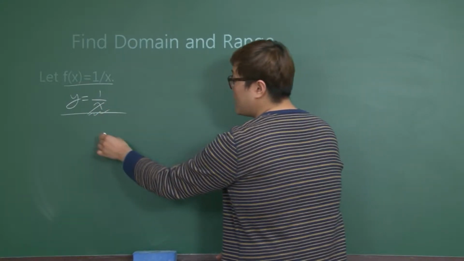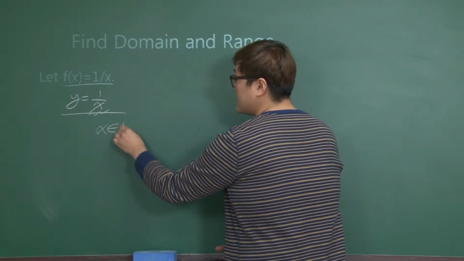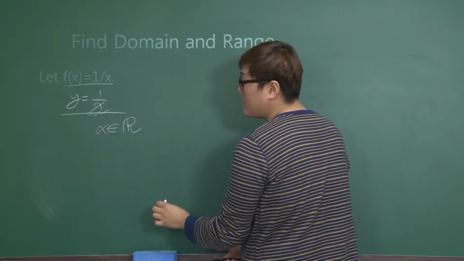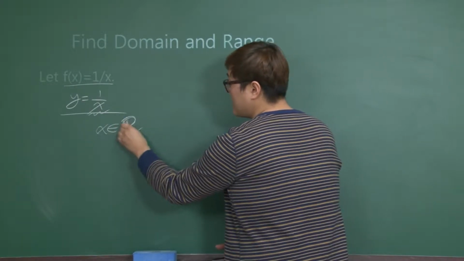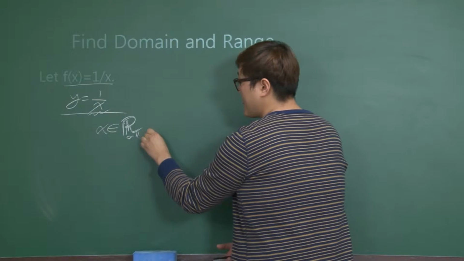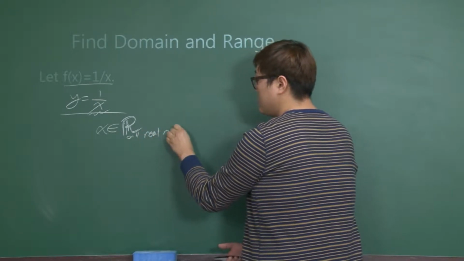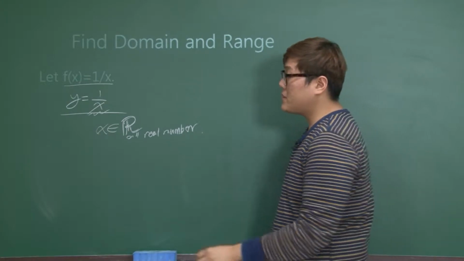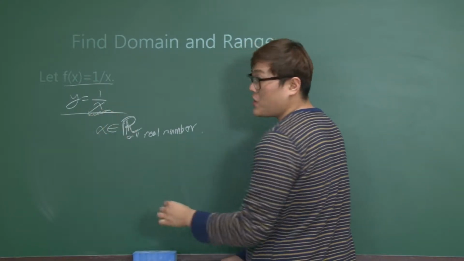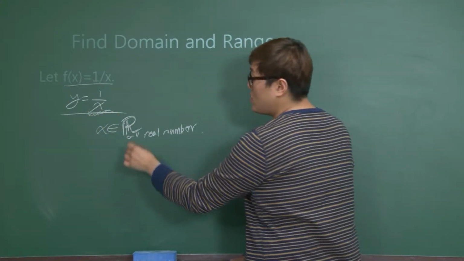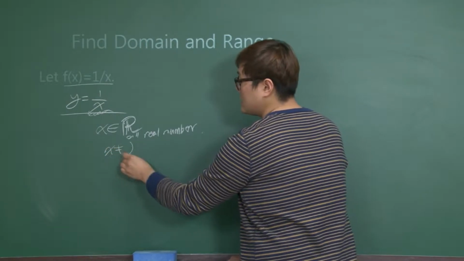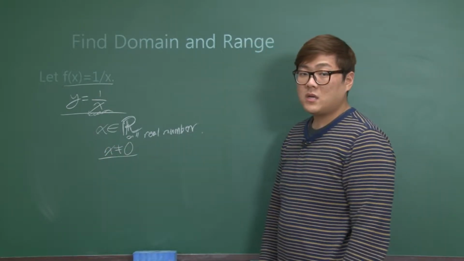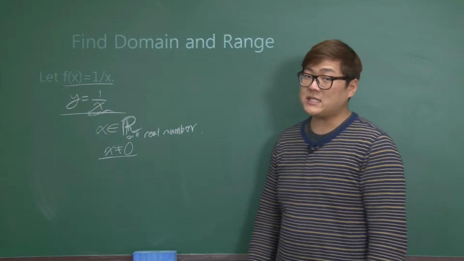So we're going to say, okay, x is all real numbers. But there's one thing that you have to remember. The denominator cannot be 0. So, except 0.